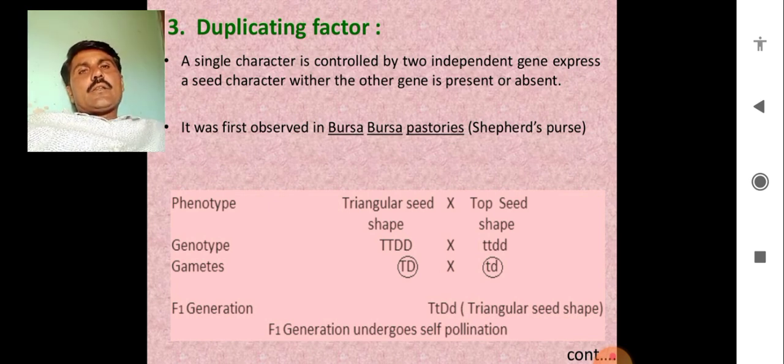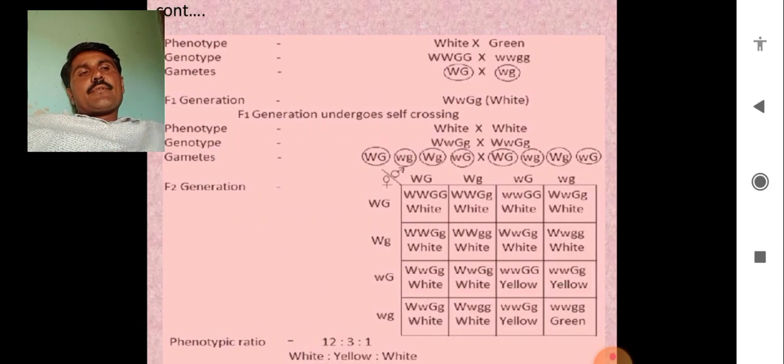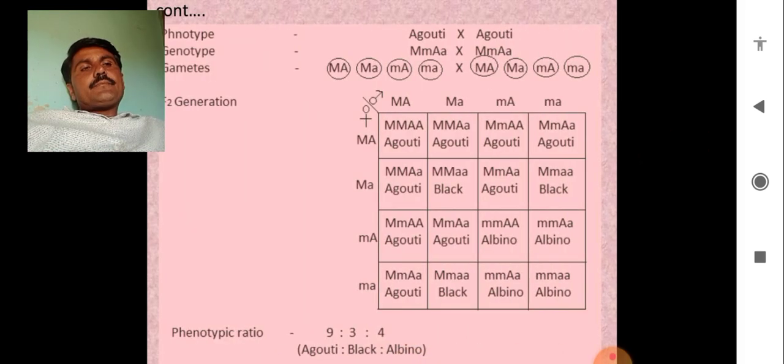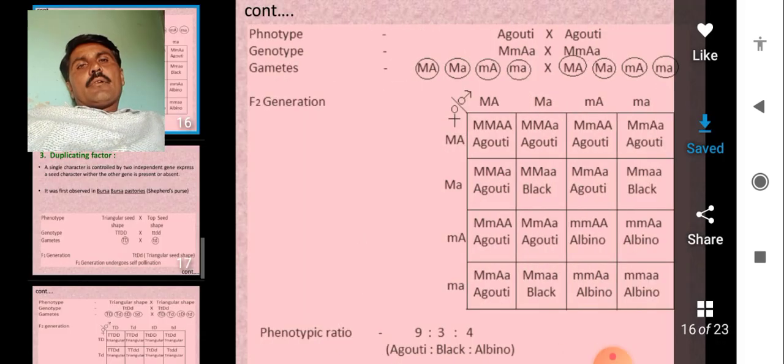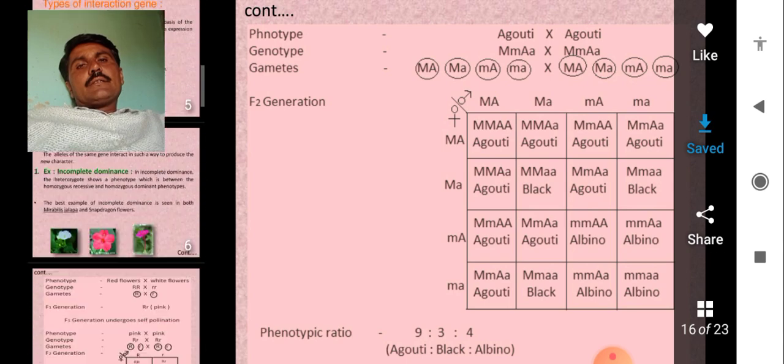While studying non-allelic gene interaction, we have to see that there are four types of non-allelic gene interaction.